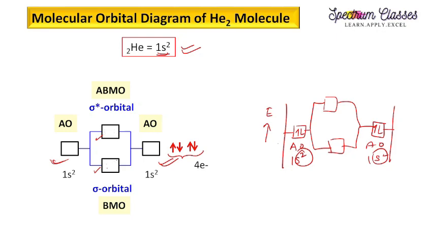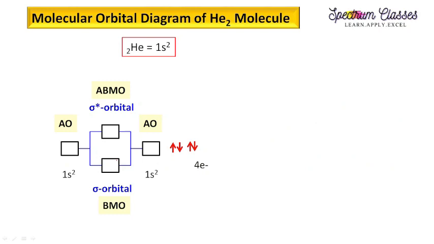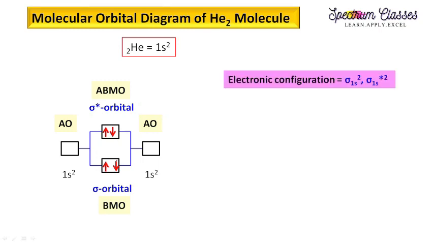Now I will show you the filling of electrons. So electron number 1, 2, 3, and 4. This is how electrons are filled. Now coming to the writing of electronic configuration for these molecular orbitals, how are you going to write the electronic configuration?